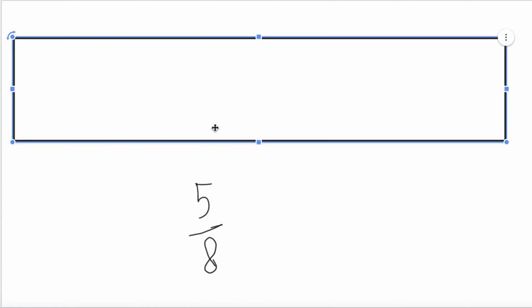That should be good. Now we need to first divide the rectangle into the correct number of parts. We know the denominator is the number of parts in the whole, and our denominator is 8, which means that there will be 8 parts in the whole.